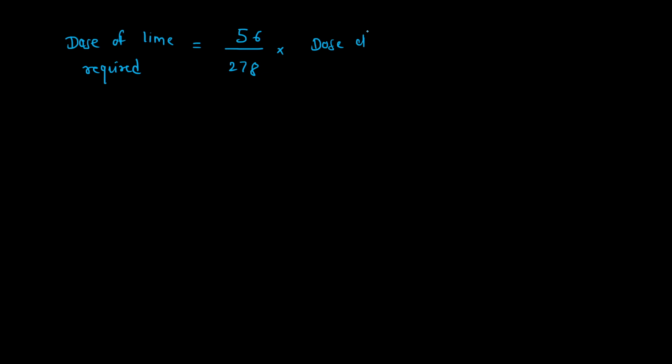In this you have only one formula, that is the dose of lime required. Dose of lime required is 56 divided by 278 into dose of copperas.